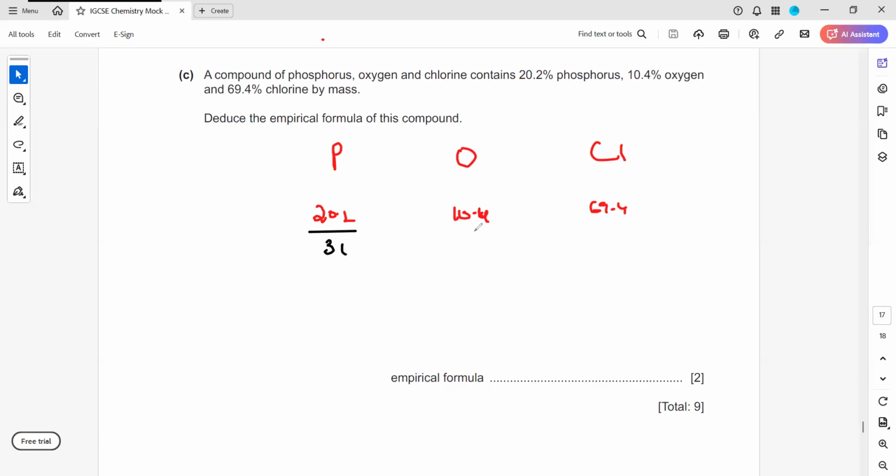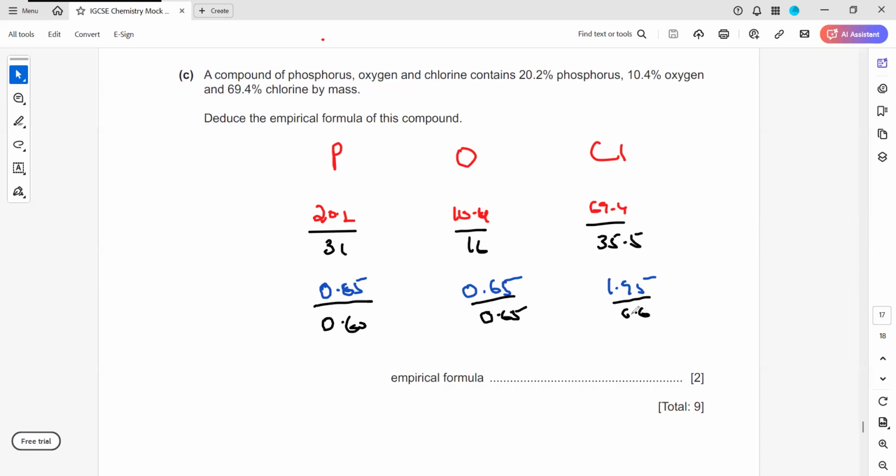The atomic masses are 31, 16, and 35.5. 20.2 divided by 31 is 0.65. 10.4 divided by 16 is 0.65. 69.4 divided by 35.5 is also 0.65 roughly. Then we divide by the smallest value, so this will be 1, 1, and 3.